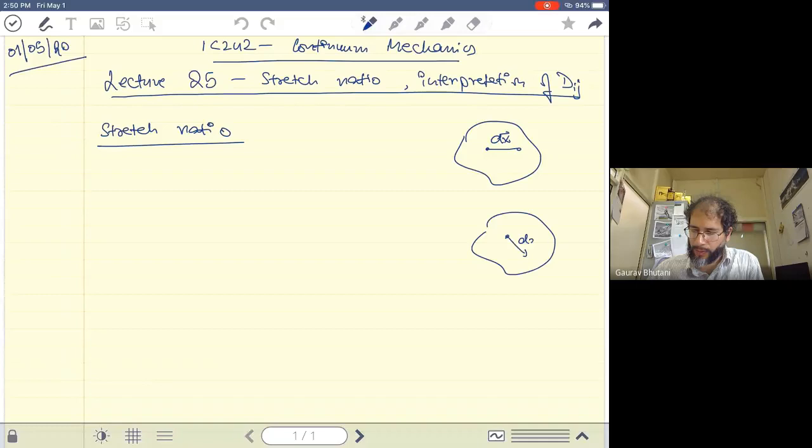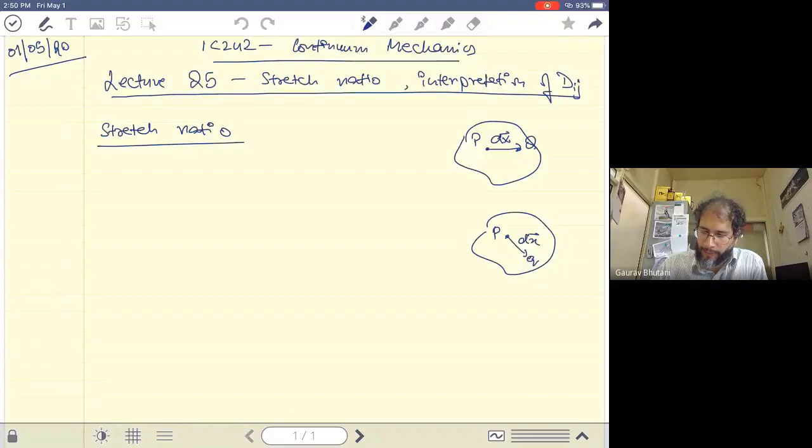This connects small p and small q, and this connects capital P and capital Q. So stretch ratio is the ratio of the final length to the initial length. This is denoted by a capital lambda, called the stretch ratio.